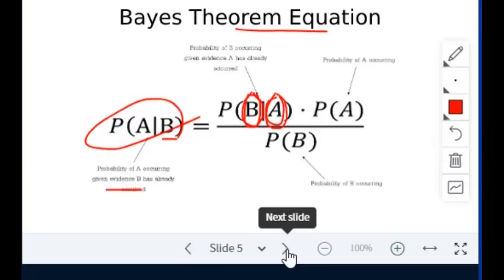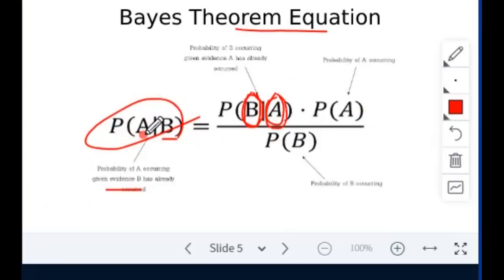So next, this part we call a posterior. Bayes theorem actually finds the probability of an event occurring given the probability of another event that has already occurred. Bayes theorem is mathematically represented like this.